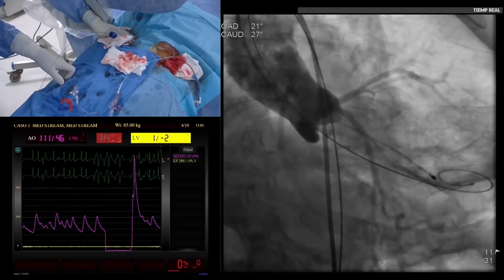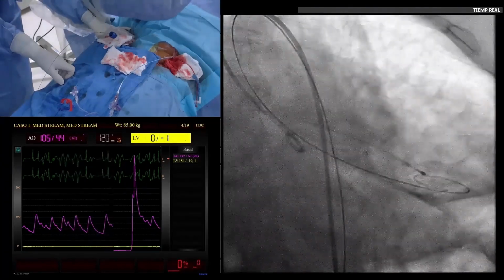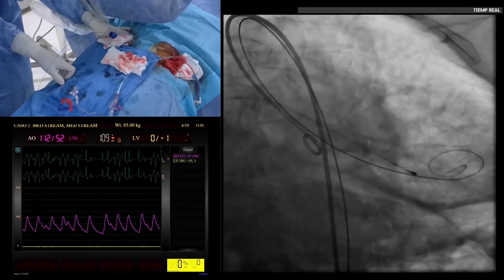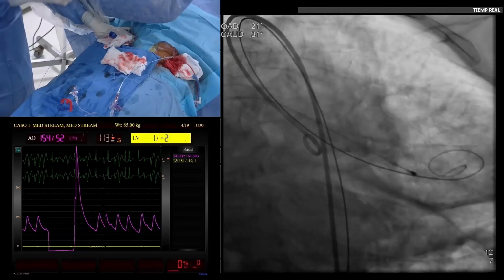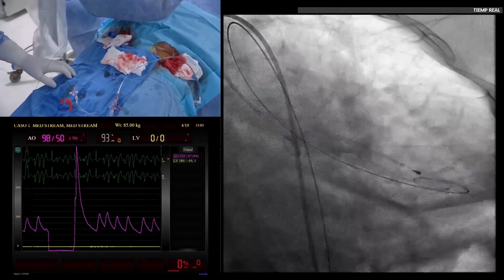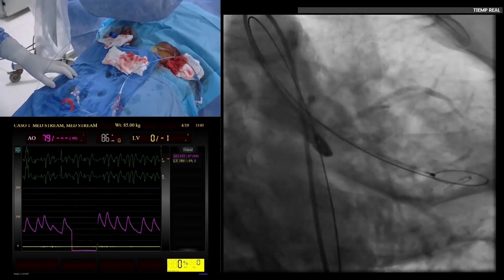Un poquito más caudal. Okay. Y un poco más derecha. Quédate ahí, Juan. Okay, this is a final adjustment that sometimes is needed.